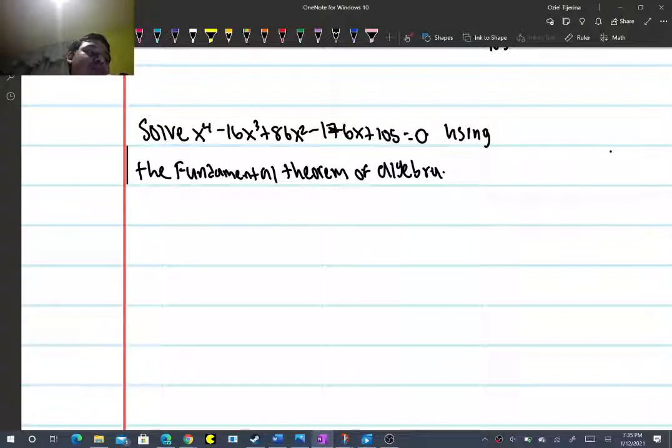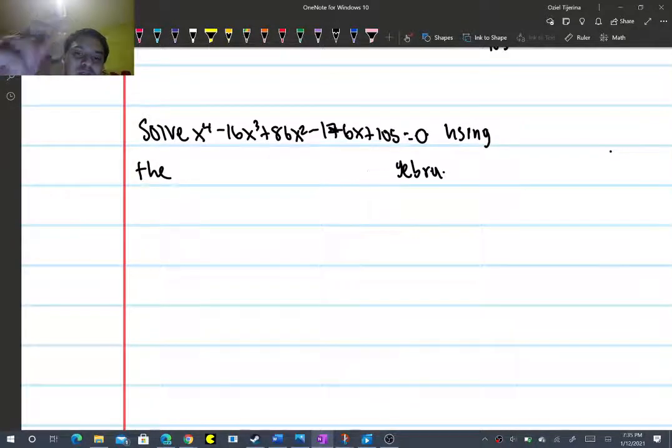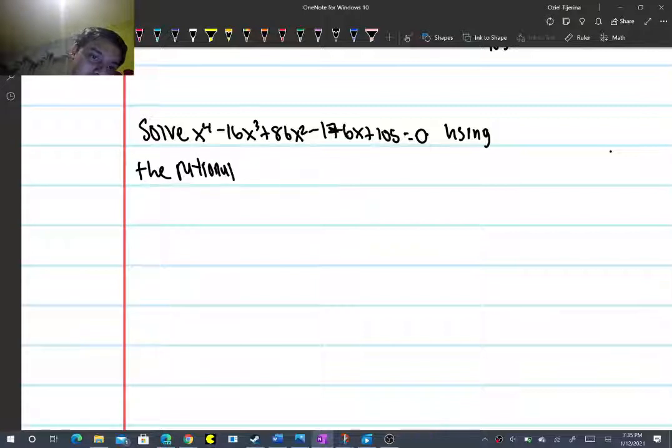What the theorem says, actually, this is not using the rational root theorem. It's not the fundamental theorem of algebra, it's the rational root theorem. My bad, guys. I said it was fundamental theorem.